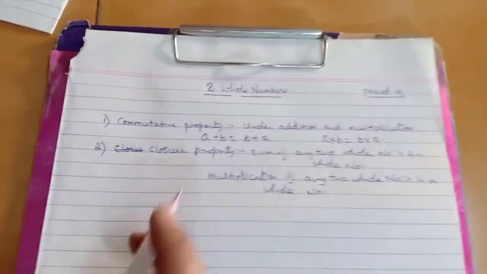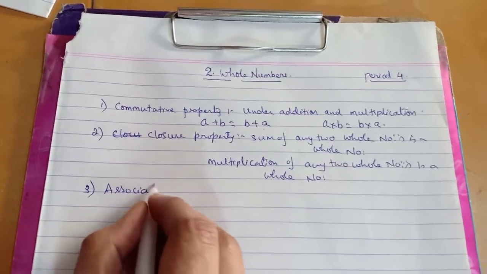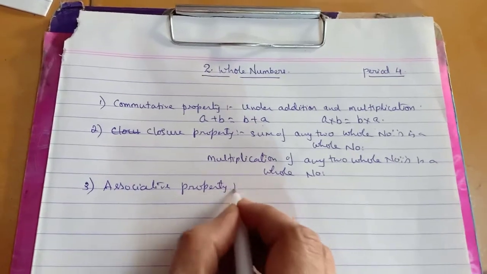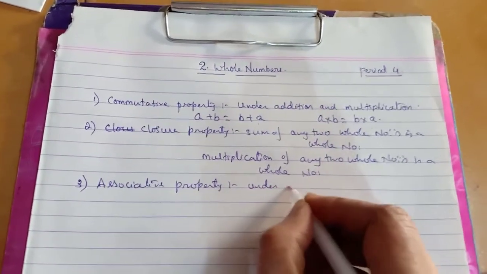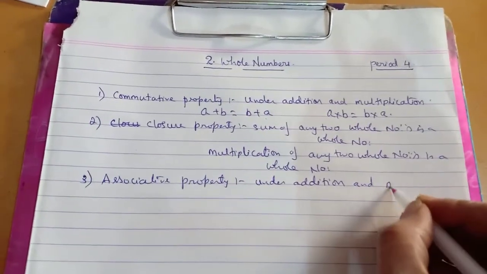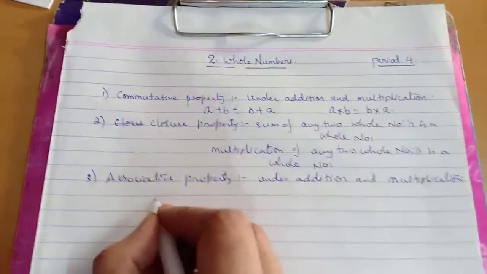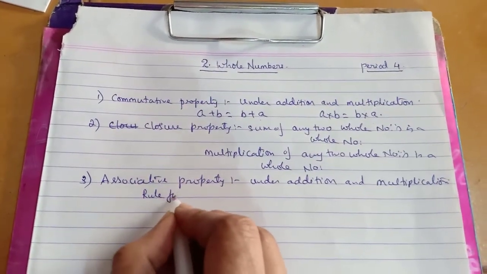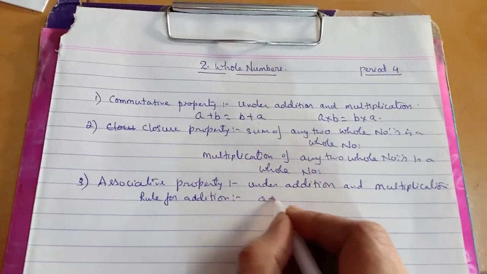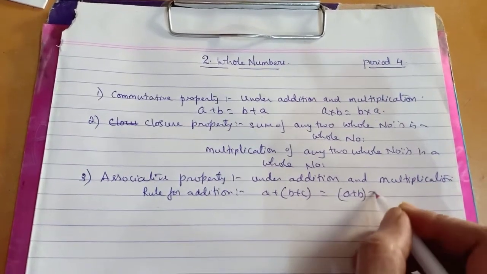Next, third is associative property. This is also under addition and multiplication. The general rule for addition, I have given it as a plus b plus c is equal to a plus b plus c.